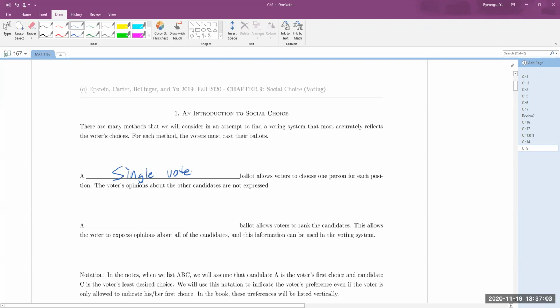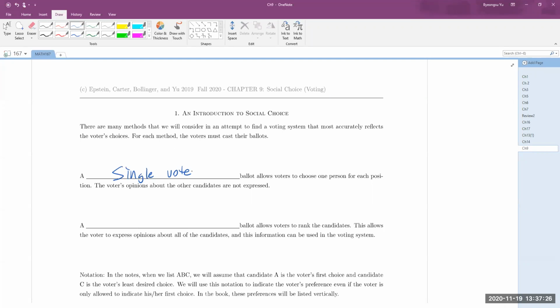Single vote ballot allows a voter to choose one person for each position, right? For example, in the current election for United States President, you cannot choose both Trump and Obama, or both Trump and Biden simultaneously, right?